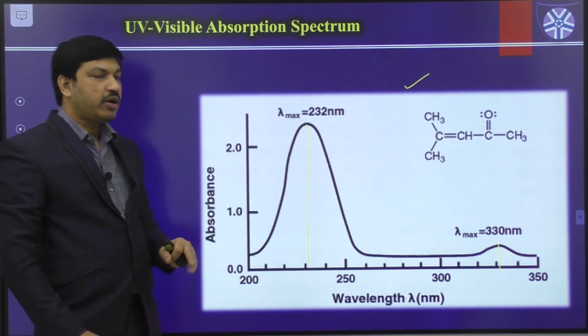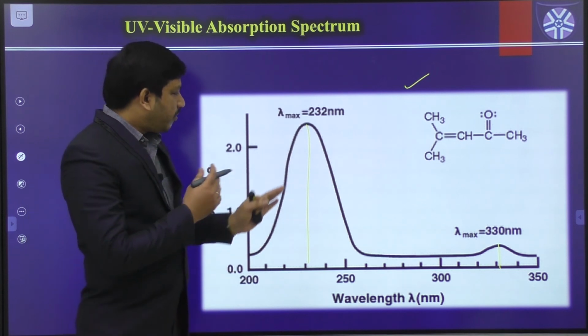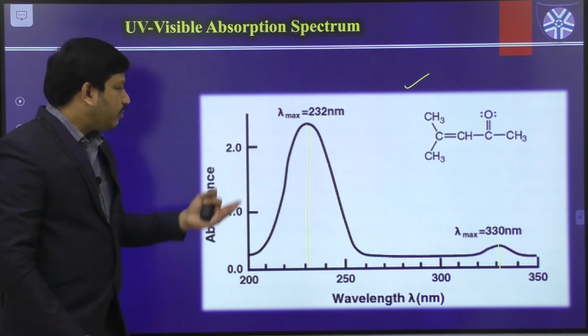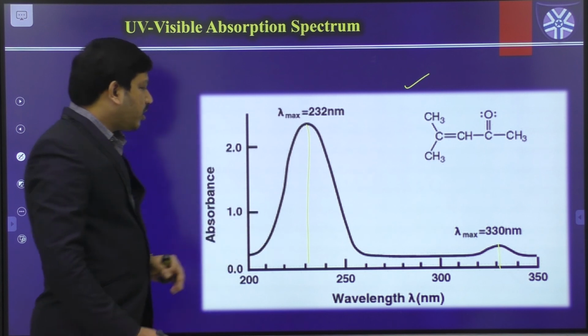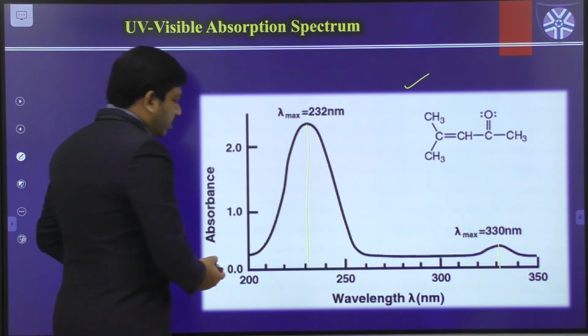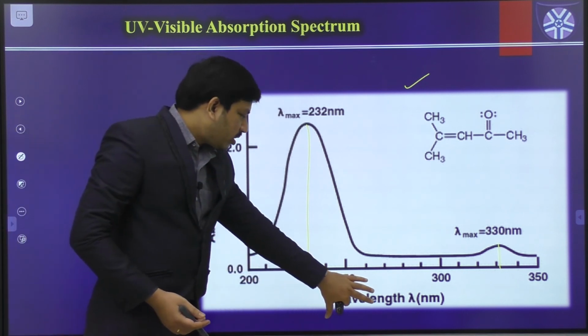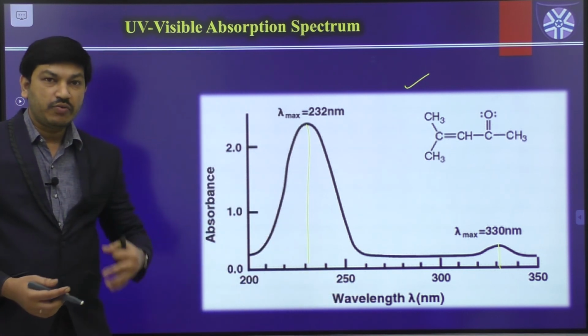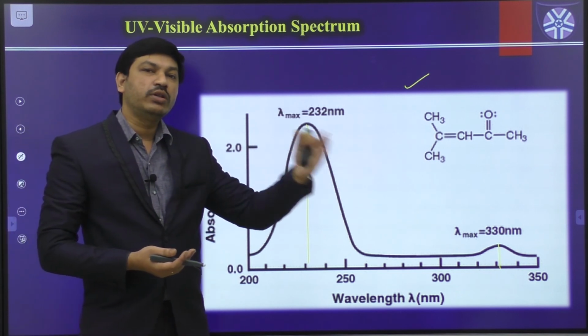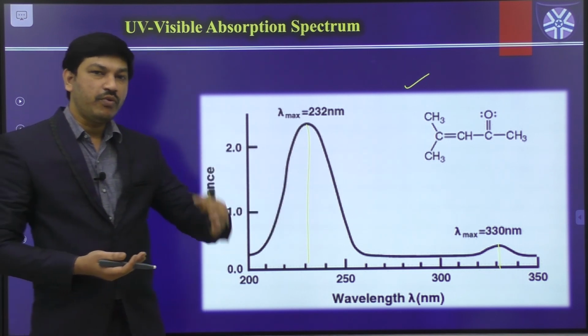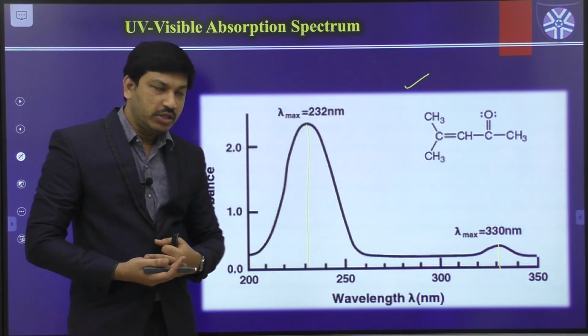From that absorption spectrum we can understand peak intensity and peak absorption values and all those things. Generally, an absorption spectrum is a plot where on the x-axis we take the wavelength. We are sending different wavelengths toward the unknown molecule from the ultraviolet region to the visible region.